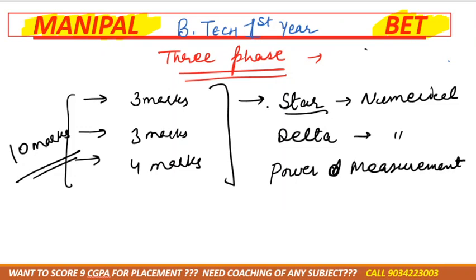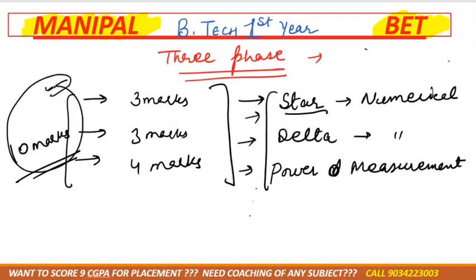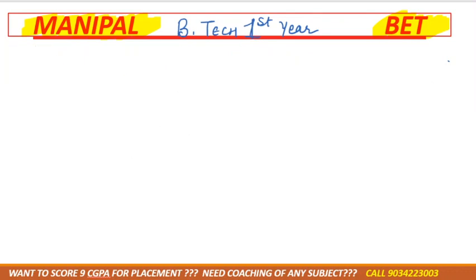So basically what I want to say, there are only three topics in this module, and those three topics will definitely come in your exam. So if you cover this 10 marks, then you will never get back in BT. That's why this module is very important for you. So let's study in detail about it.